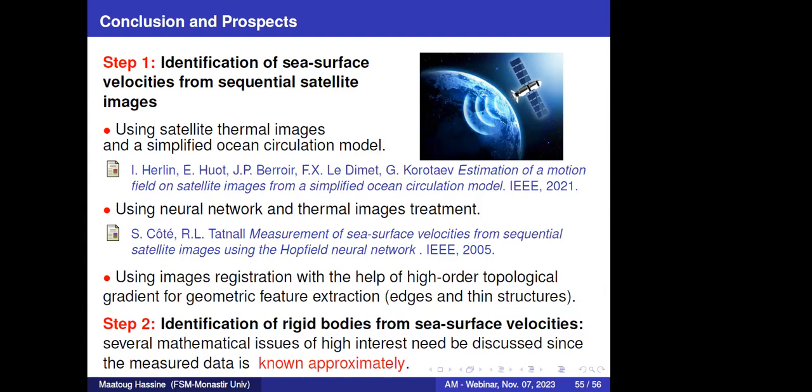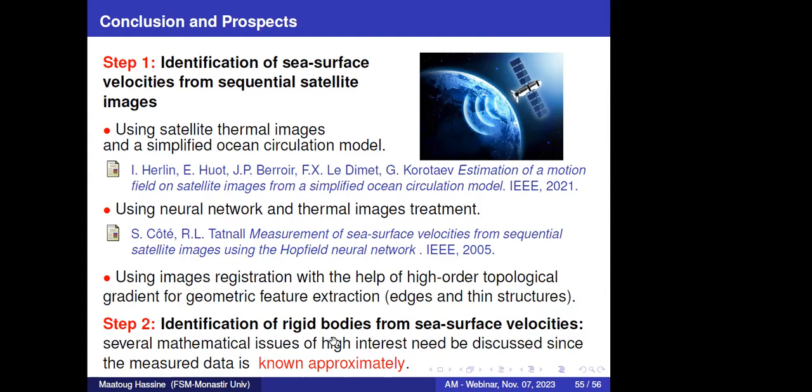However, for the second step, the data will be processed with an identification process, but with poor information measurement. So in this case, several mathematical issues of high interest need to be discussed since the measured data is now approximated.